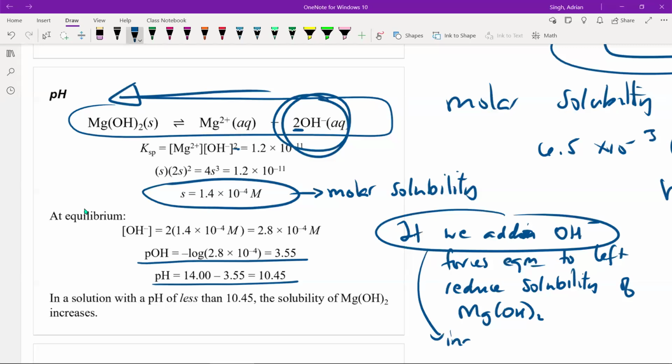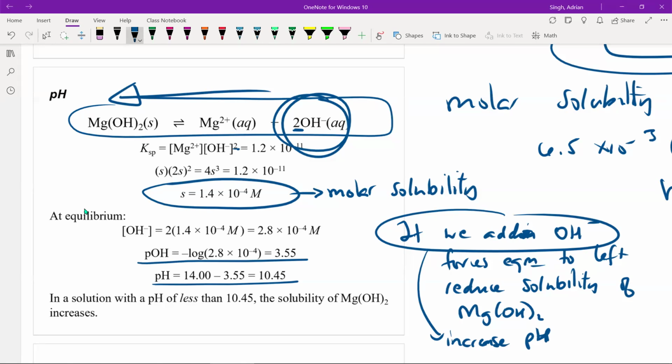We increase the pH, so we make it more basic. But to make the solution more basic, we actually decrease the solubility of, in this case, the magnesium hydroxide. And again, that's another example of the common ion effect.